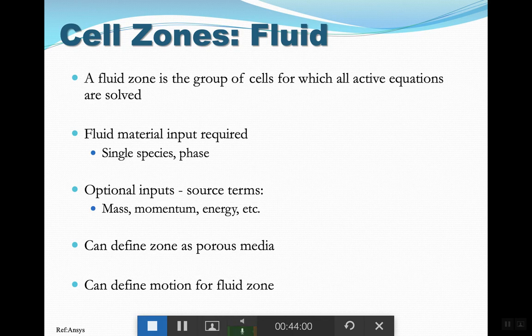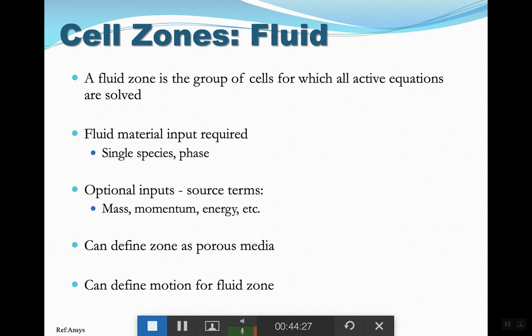Or another example, you have three different materials in your tank, and you want to define materials in each part of the tank. So you divide your tank into different cell zones and assign different material types to those zones.